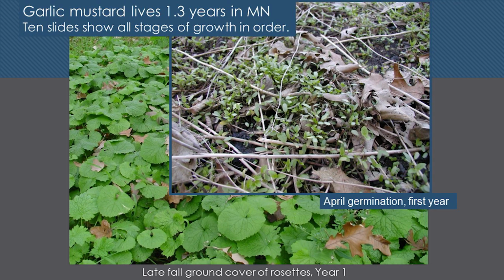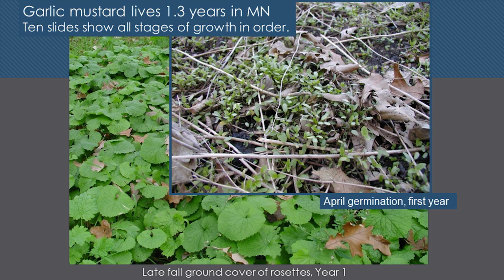All right, so here we have what the first year plant looks like right now. Usually it's in April, beginning of May. It's a seedling, and by the end of the first year, this is what it looks like.